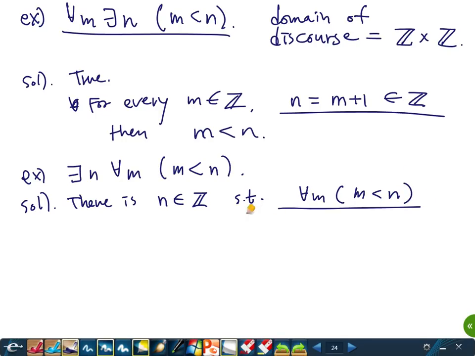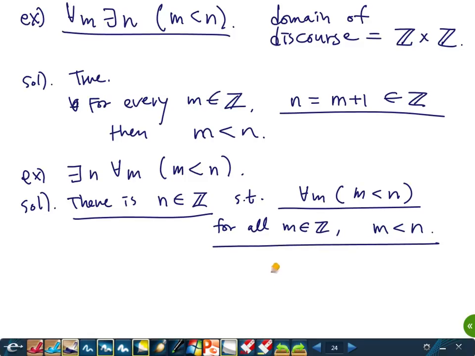What this means is for every integer m, m is less than n. Can you find such an integer? No. Why? This is false.